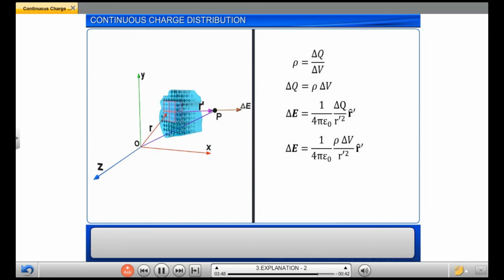Now, the electric field strength E at P due to the total volume charge distribution is equal to the vectorial sum of the electric field strengths due to all individual volume elements.